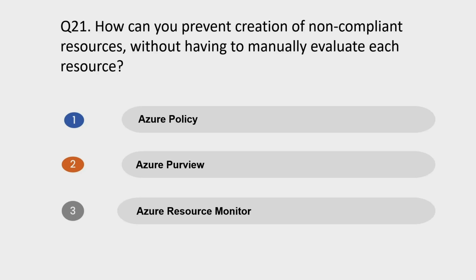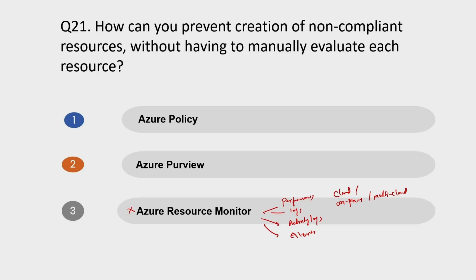If I take Azure Monitor, this is used to monitor performance, capture the logs, and capture the activity logs, and also we can create alerts. Azure Monitor is used for cloud, on-prem, and even for the multi-cloud environment. So this is the monitoring service. So I'll eliminate this answer. So this is a wrong answer.